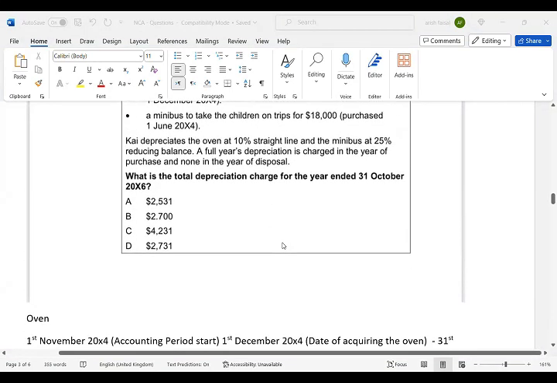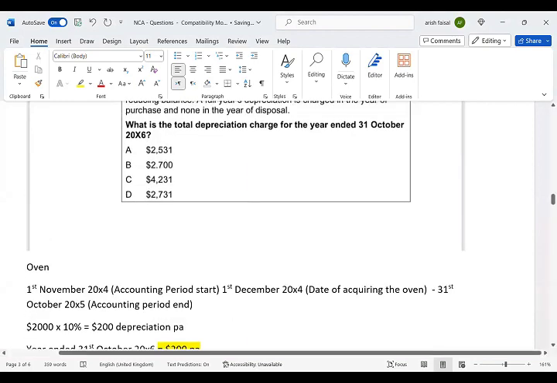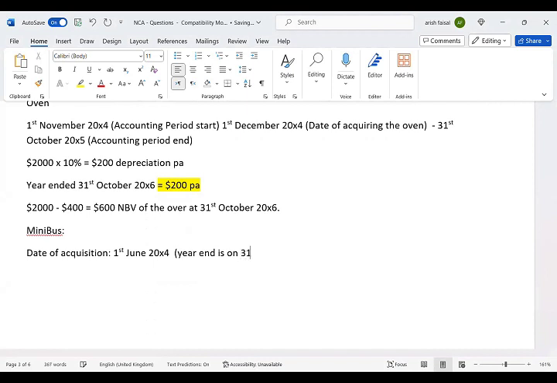Now for the minibus, the date of acquisition for this asset is 1st of June 2014. And the year end is 31st October, so the first year end for this asset will be 31st October 2014.